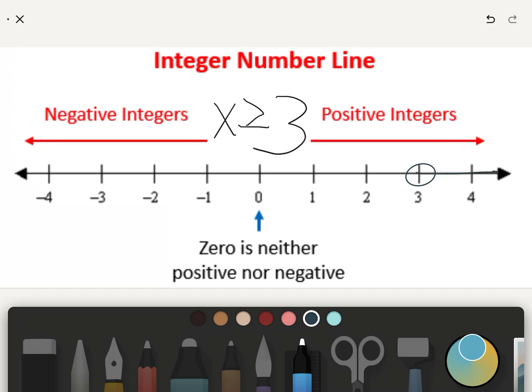And of course, if it's greater, then we're going this way on the number line. No, because it could be equal to it. So we are filling this in all the way. And I'm making this very big.